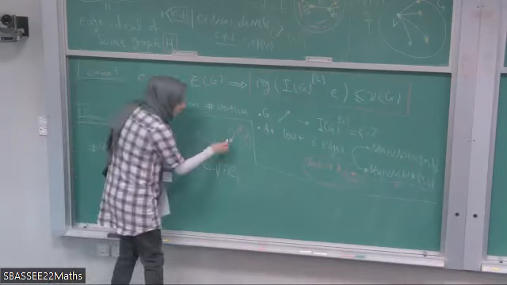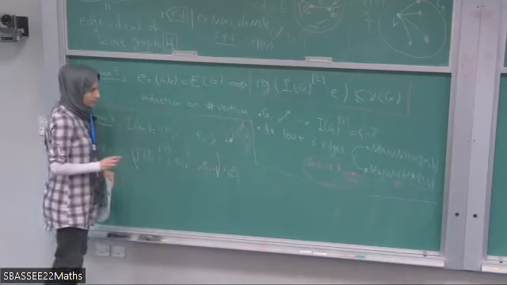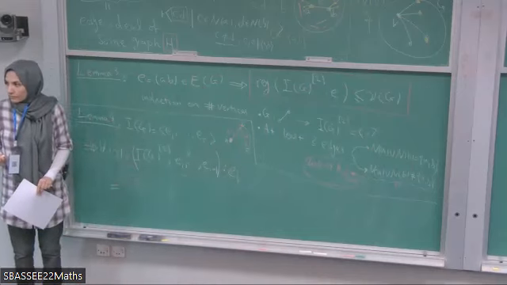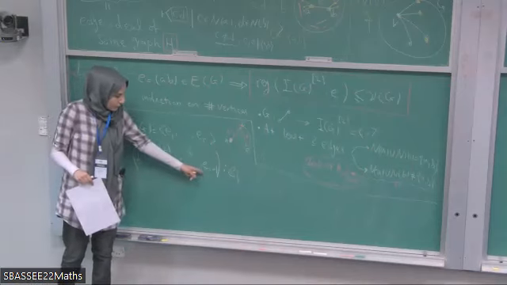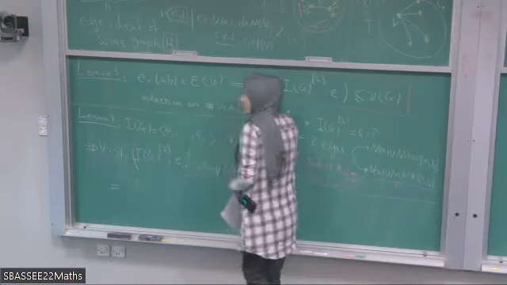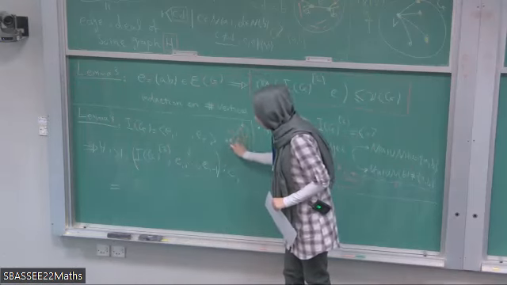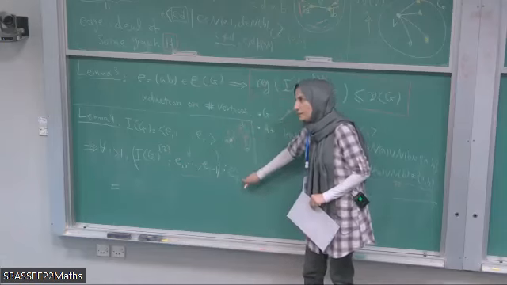So I suppose this is A, B, C. All those vertices which are appearing in the support of e_i, for j equal to 1 to i minus 1, those that share a vertex with it, the endpoint of those edges which share a vertex with my e_i comes here.